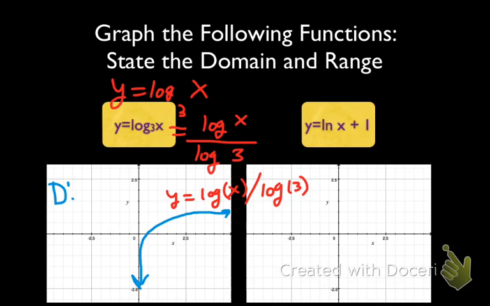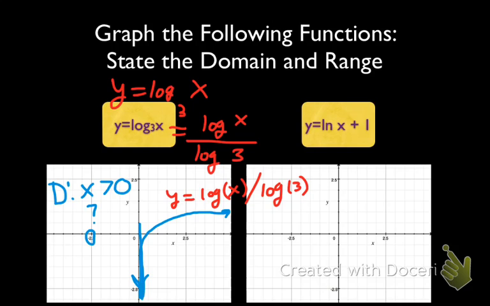So if I check something like negative 2.5, is negative 2.5 in the domain? No, because this graph never goes past the y-axis. It gets really, really close to it, but never crosses the y-axis. So the domain is going to be all x's that are greater than 0, from 0 to the right.